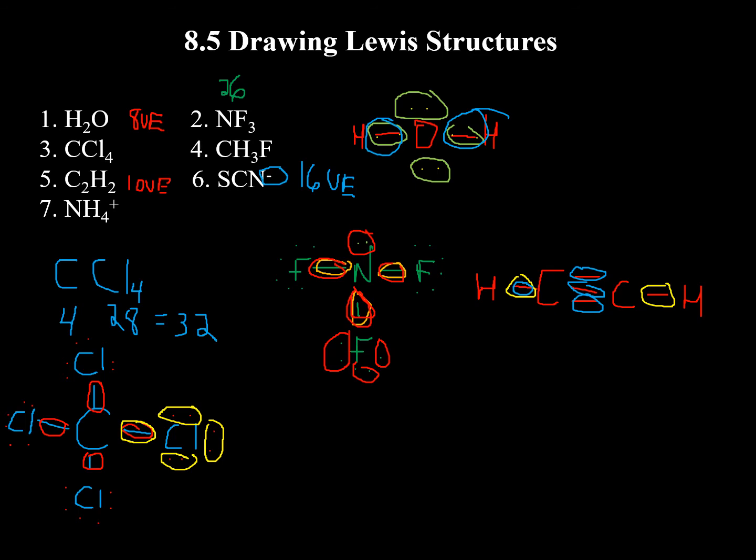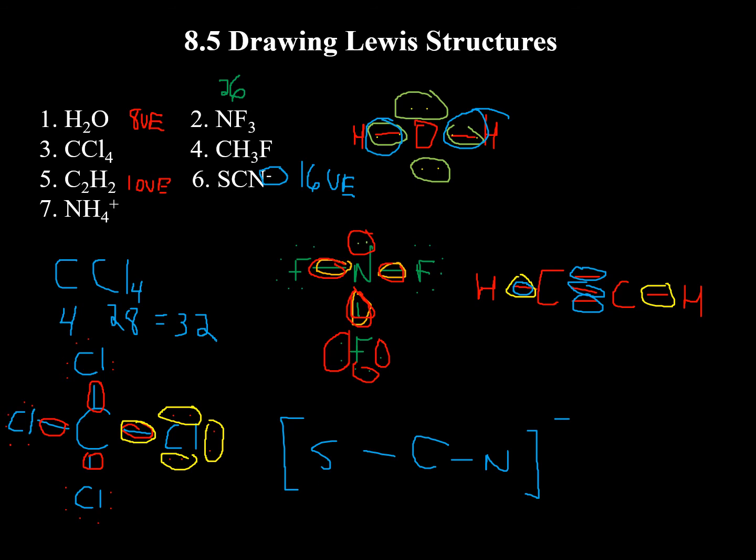So the carbon will go in the middle. We connect S and the N. We must put a bracket around it to indicate that it has a charge of -1. And let's start adding electrons. So we need to use our 16.